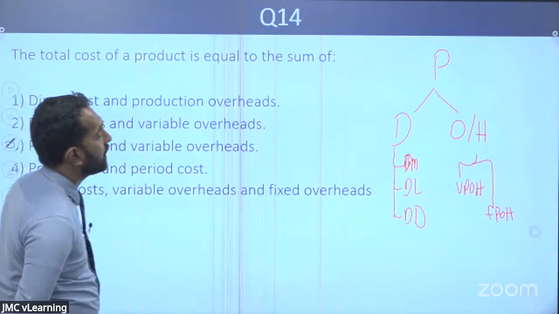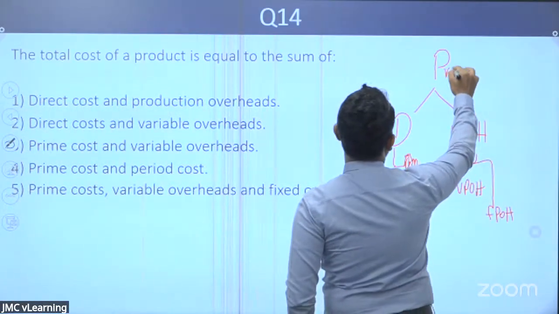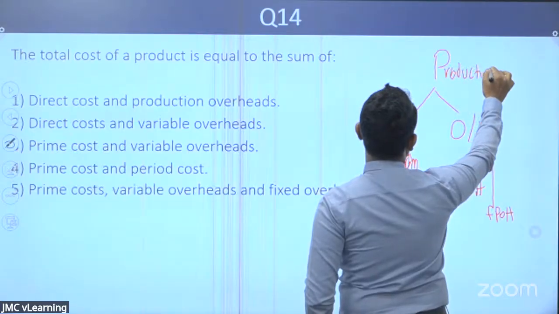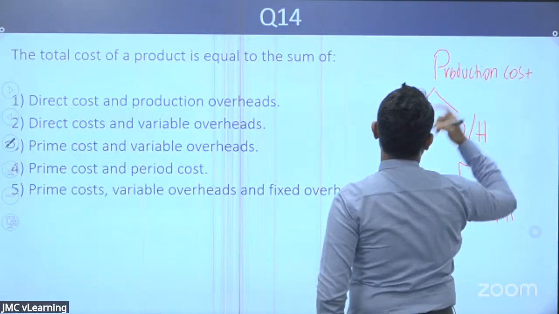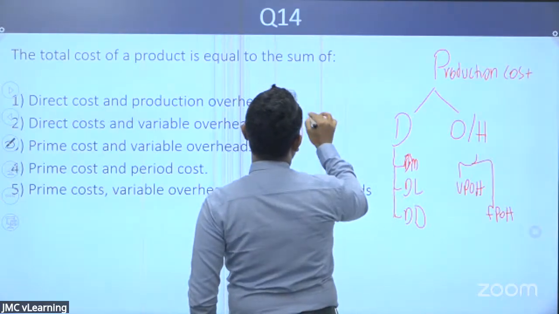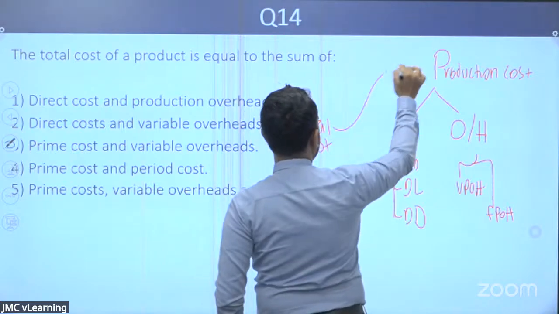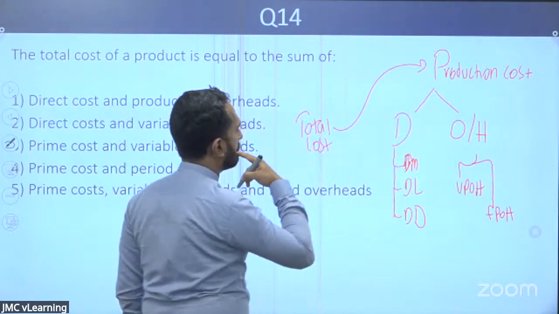Here they are asking the total cost of a product. This is the production cost, right? Then they are asking about the total cost now. If you take the total cost of a product, on one side we have the production cost.